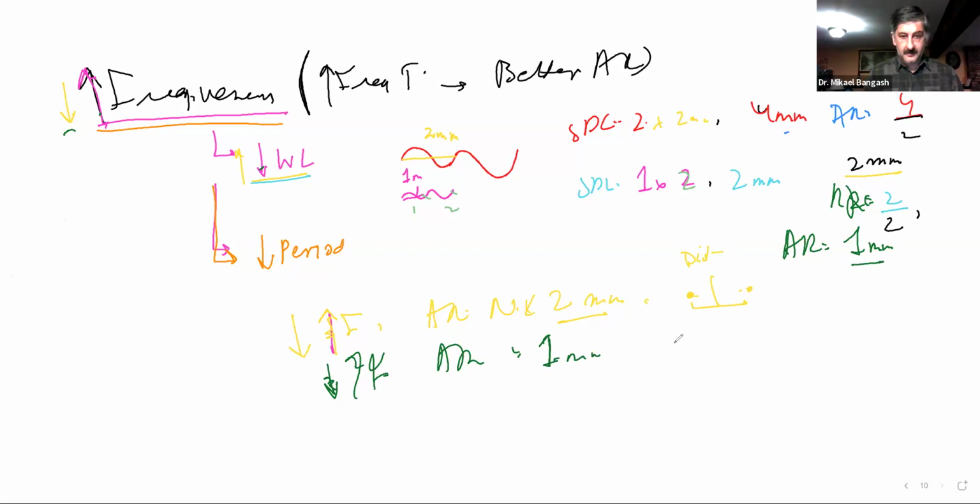Here, the distance between these two structures should be at least 1 millimeter or more. As here, it has to be at least 2 millimeters or more, for them to be distinctly displayed.